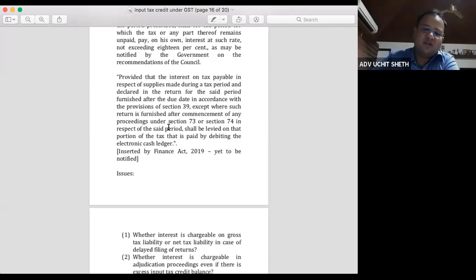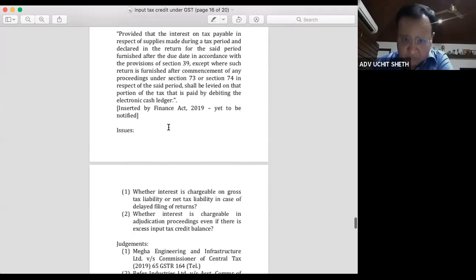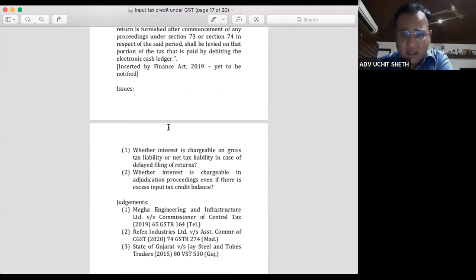By Finance Act 2019, a proviso was inserted to clarify that interest will only be on net tax liability. However, it was sought to be introduced prospectively. So the department continued to issue notices demanding interest on gross tax liability for the prior period. This proviso has thereafter never been notified.